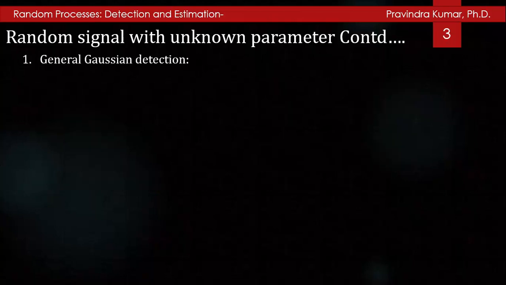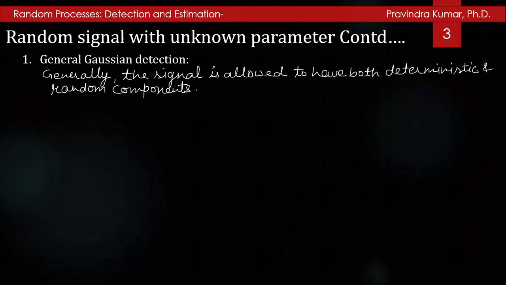Now we start with the general Gaussian detection. We have already discussed the detection of the deterministic signal in white Gaussian noise. In the previous two lectures, we discussed the detection of a random signal in white Gaussian noise.